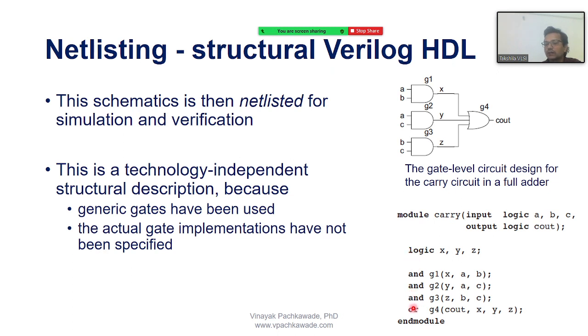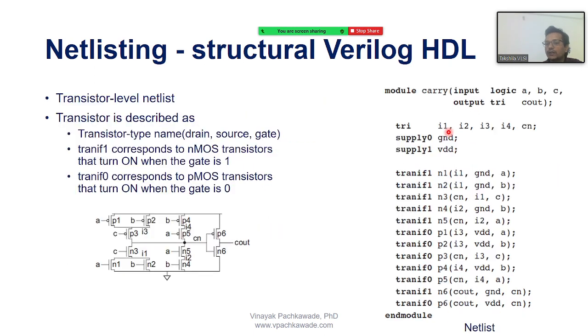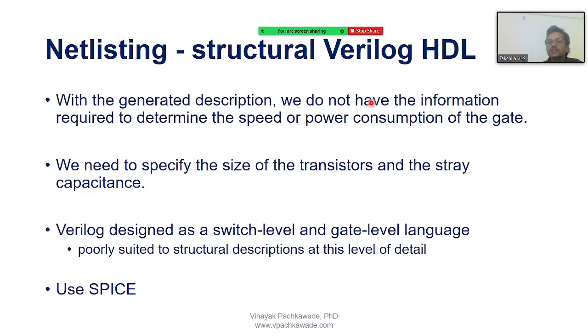There is no information by which we would know how much power will be consumed when this circuit is designed, and what the maximum clock is that this circuit can operate with. We don't have any of that information from this netlist. So that is the drawback of Verilog HDL. Verilog HDL is called a gate level language. It just describes the behavior and the structure of that particular logic.